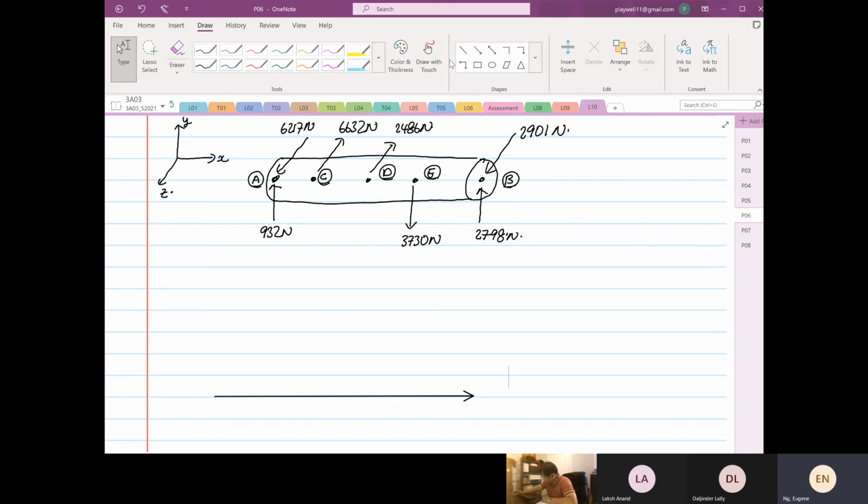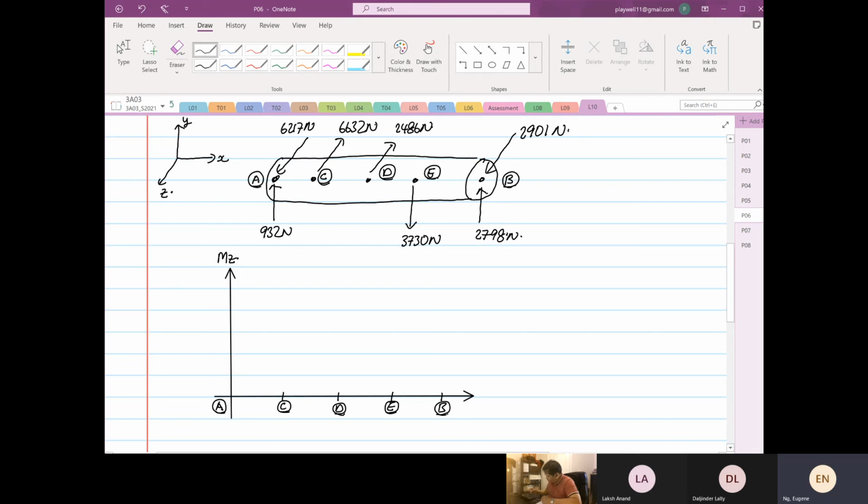So I'm going to draw our axis. This is MZ. This is just a sketch. This is point A, point C, point D, point E, and then we come back to point B.